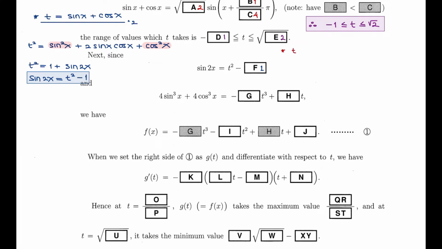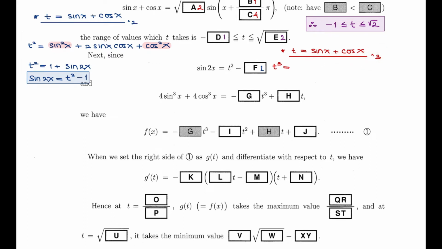I have t equals sine x plus cos x. And then to find sine cubed x plus cos cubed x, I will raise this equation to the power of 3. t to the power of 3 is t cubed, and then sine plus cos to the power of 3.